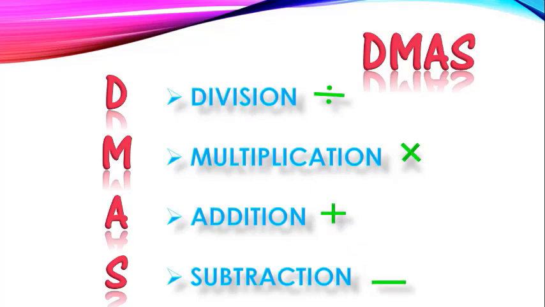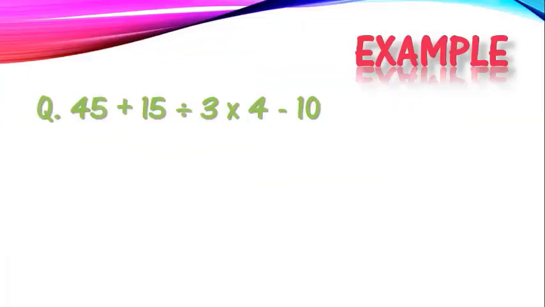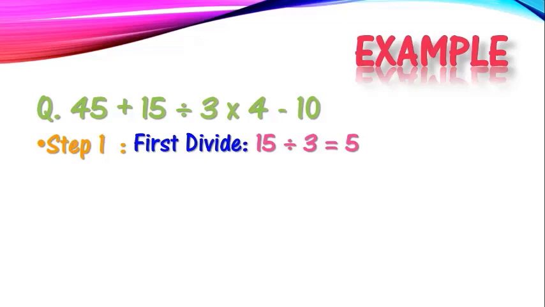For example, if we are having a question like this, to simplify it, 45 plus 15 divided by 3 multiplied by 4 minus 10. So, the first step is to divide. 15 divided by 3 will give us 5.